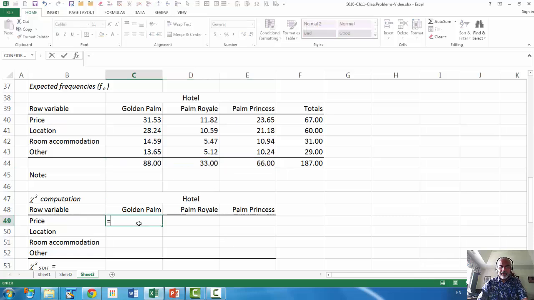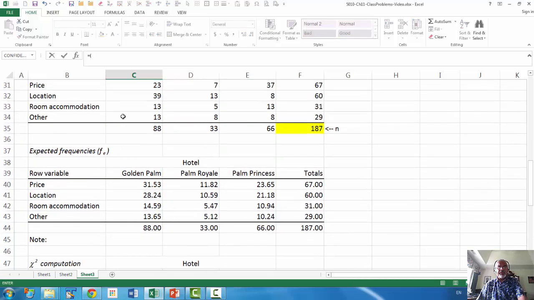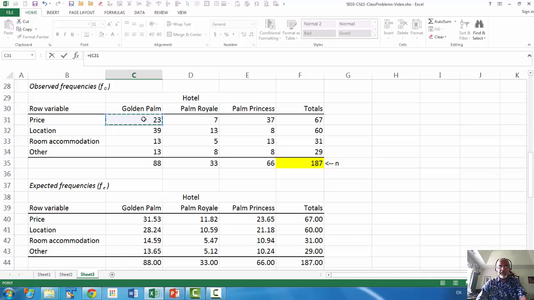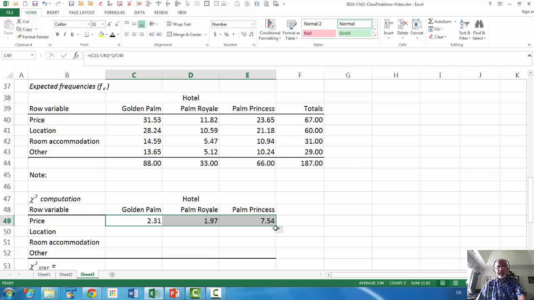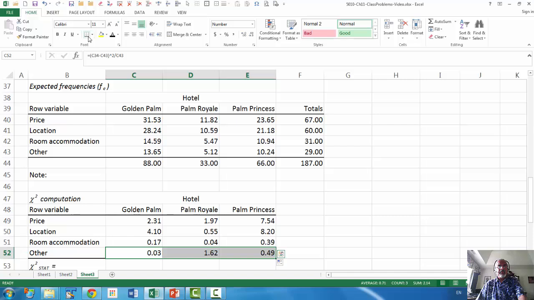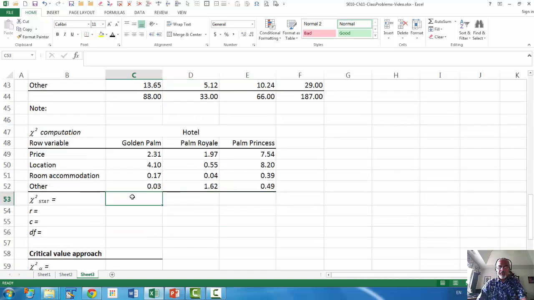Now we can set up our chi-squared, which will be the observed frequency minus the corresponding expected frequency, squared, divided by the expected frequency. Copy for the rest of the cells, and you sum them.